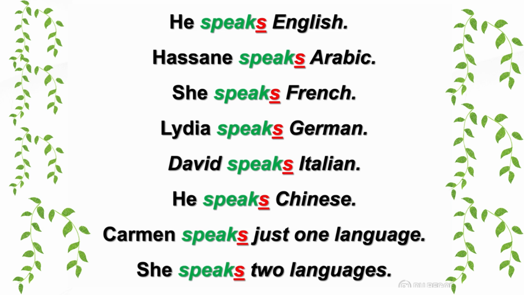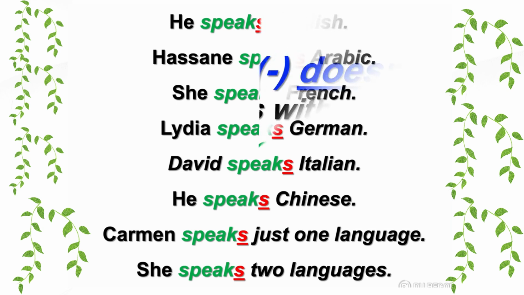You see, when we have he, or Hassan, or Lydia, or she, or David, or Carmen, we always put an s on the verb. So try to remember to put an s at the end of the verb in present simple with he, she, it, or a singular noun. Let's practice this to know it more. Let's go to the next slide.